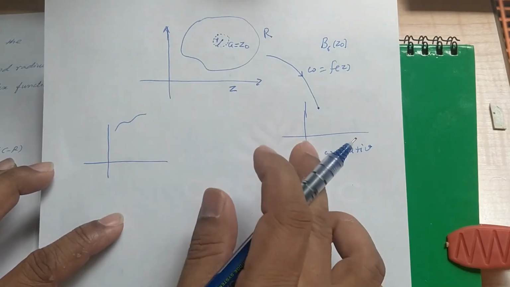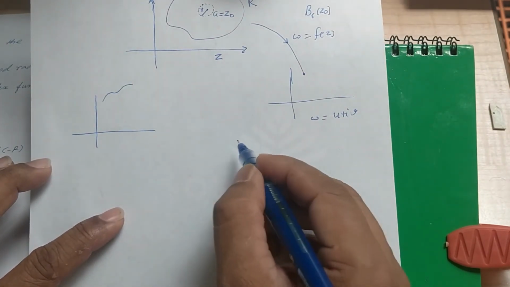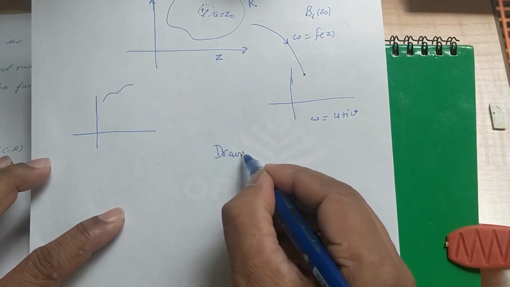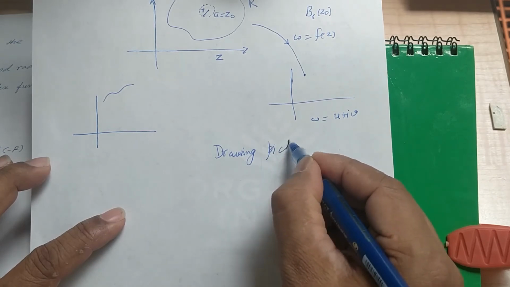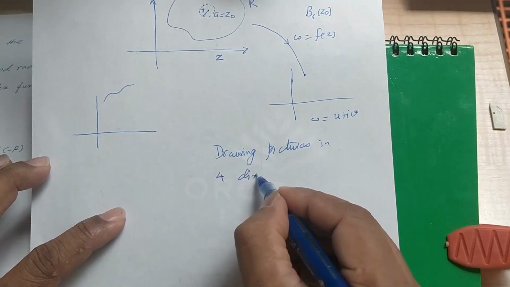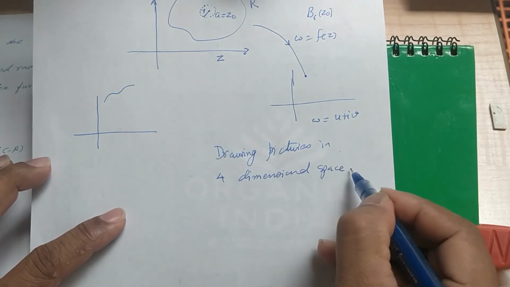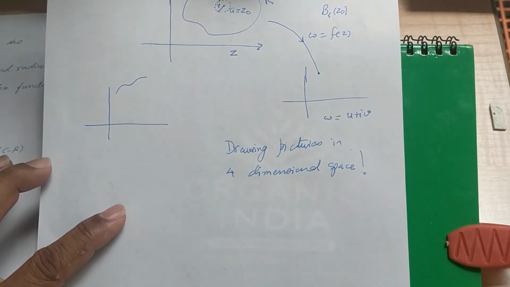So if you want to make a graph, we should be familiar with drawing pictures in four-dimensional space. And this is something which we can't do.